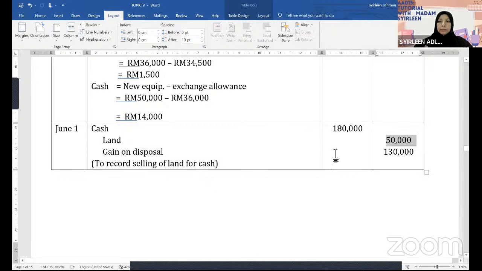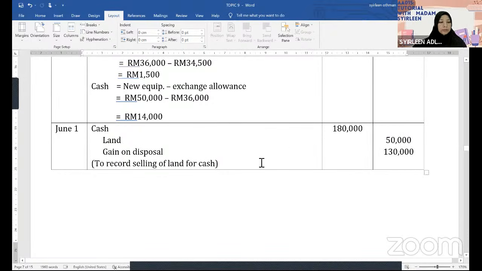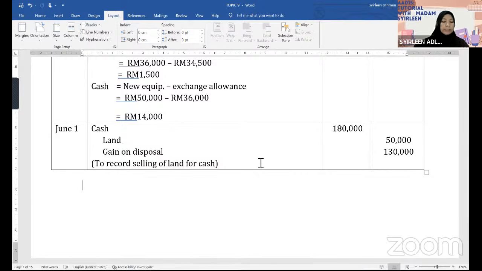So nampak ada beza kan? And beza tu adalah nilai yang you perlu tambah di sebelah kredit. So that means this 130,000 is actually gain on disposal. Ataupun untung lah atas jualan tanah. Okay, you can write also as gain on land sales ataupun selling of the land.